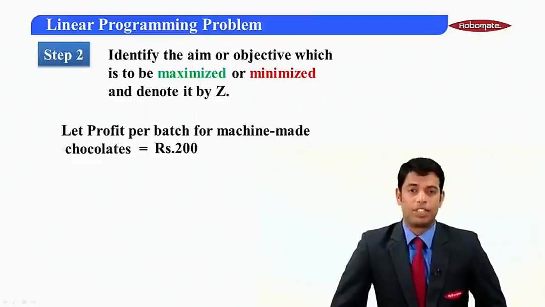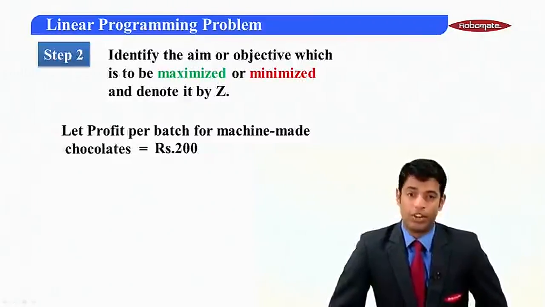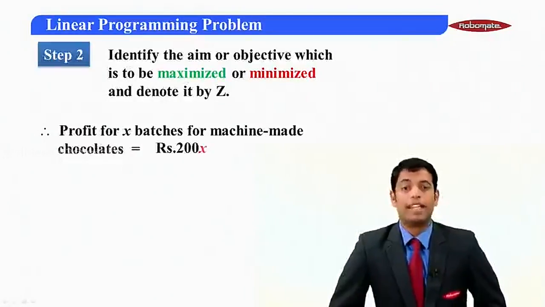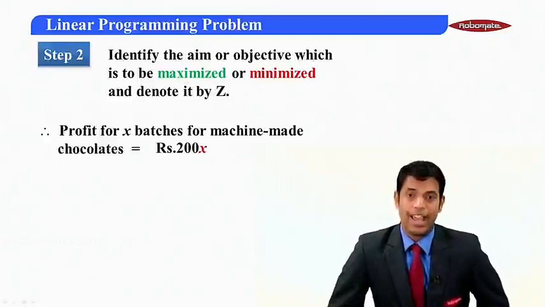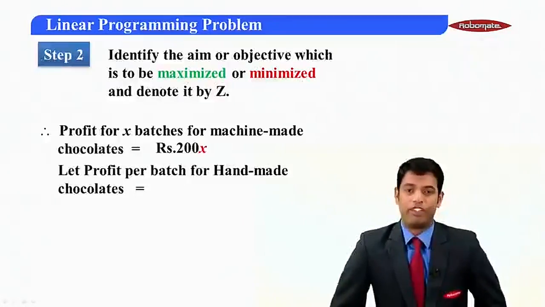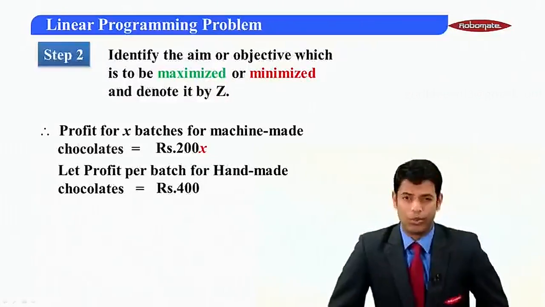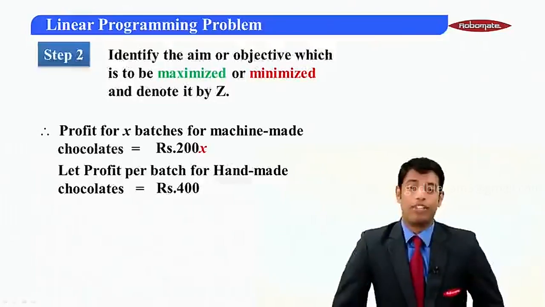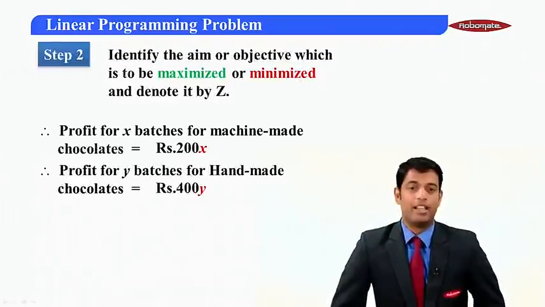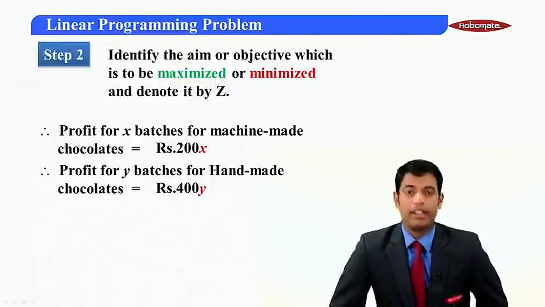So one batch of machine-made chocolates makes 200 rupees profit, and such x batches would make 200 into x rupees profit. Similarly, when profit per batch for handmade chocolates is given as rupees 400, then the profit for y batches of handmade chocolates is calculated as 400 multiplied by y.